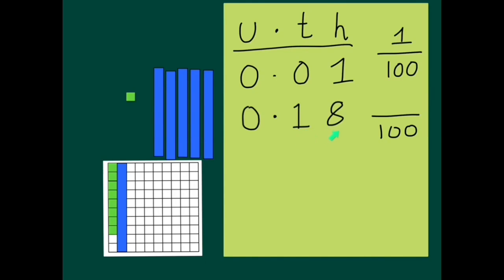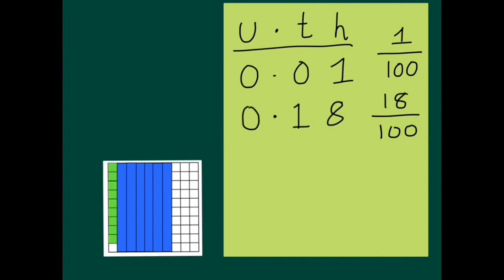Well, I have 18 of them. So I'm going to write 18 above. When I read a fraction like this, I can say 18 hundredths, but my decimal is always 0.18. Can you work out what this decimal would be?